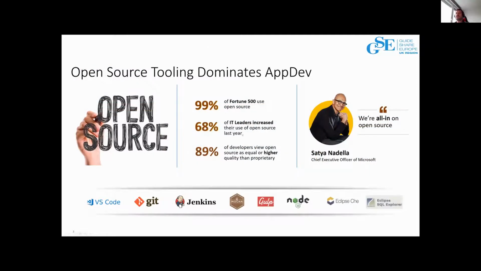It's not a secret that open source is dominating the application development world. There are many statistics that show a lot of companies and enterprises are embracing open source, not only using open source tools, but also contributing to them. And from a developer's perspective, they are higher quality than proprietary tooling.